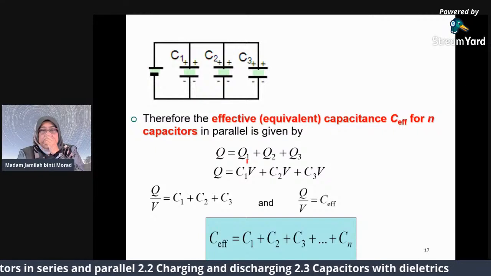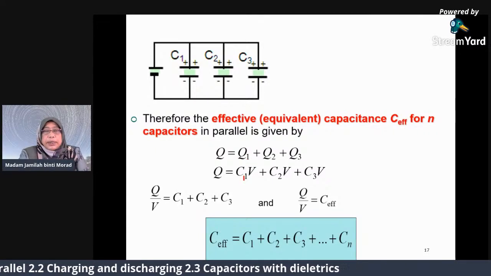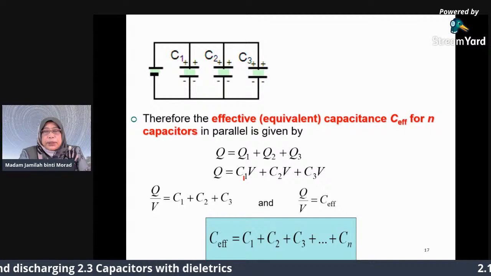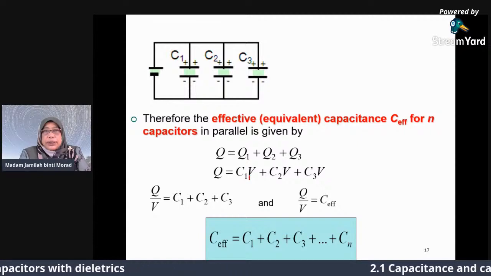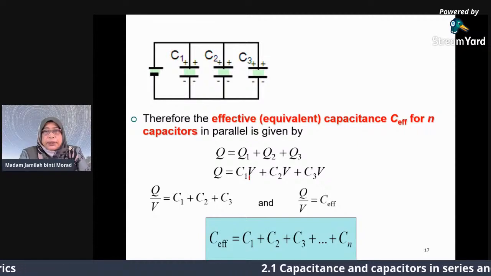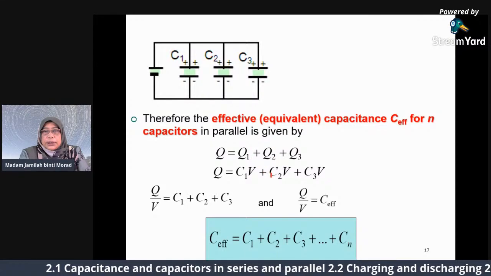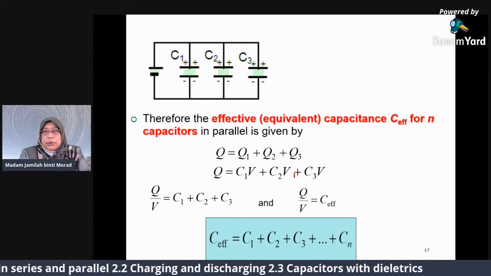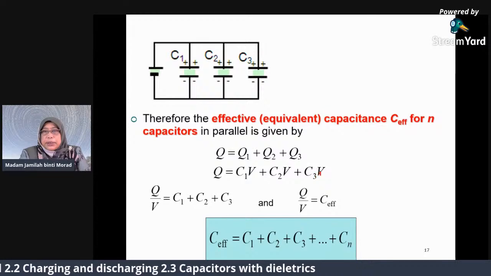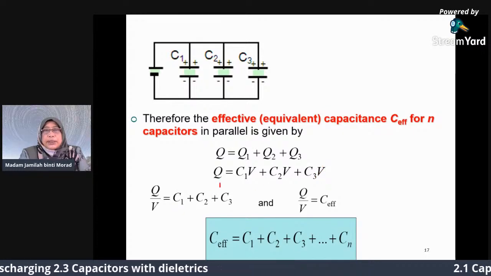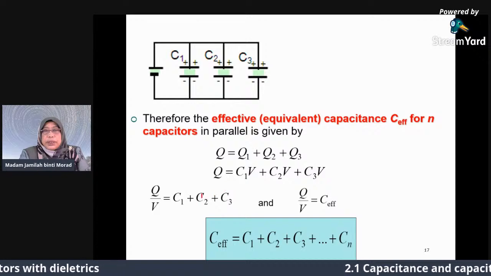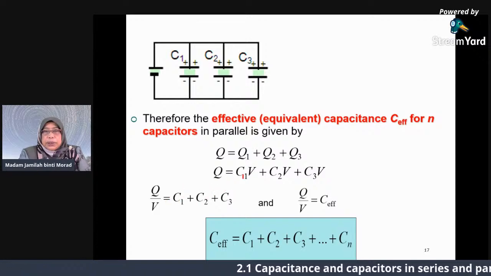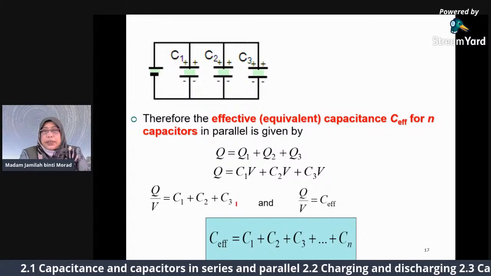The charge Q1 is equal to its capacitance C1 times the voltage, the same voltage across each capacitor, plus C2 times the voltage, plus C3 times the voltage. Rearranging the equation, Q over V equals C1 plus C2 plus C3.